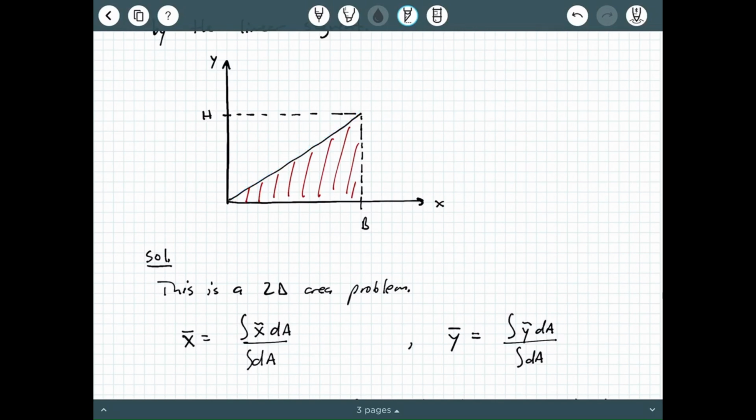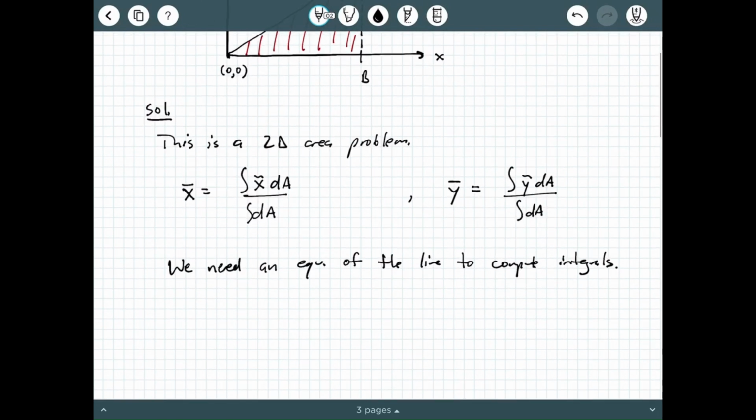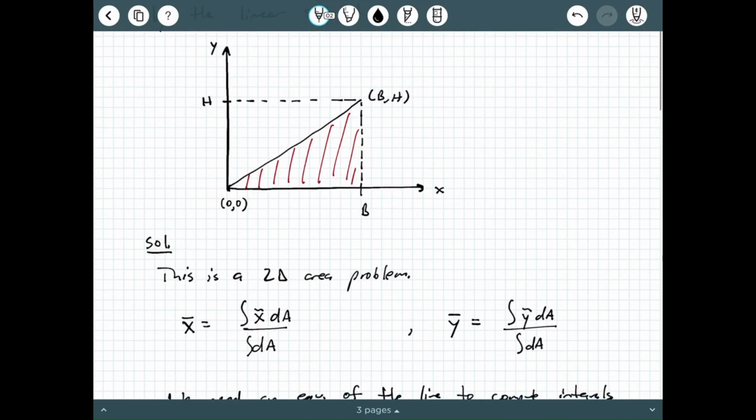If you have a line passing through the origin and you know two points on that line, we know this point up here is (b, h) and the origin is (0, 0), then we can clearly say that the slope of this line is h over b. It's rise over run, and this is an increasing line.